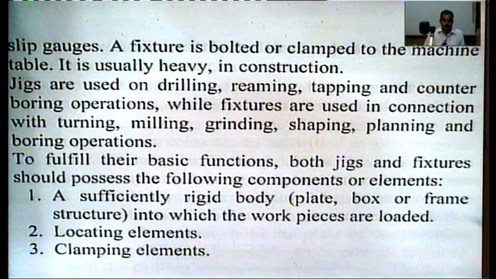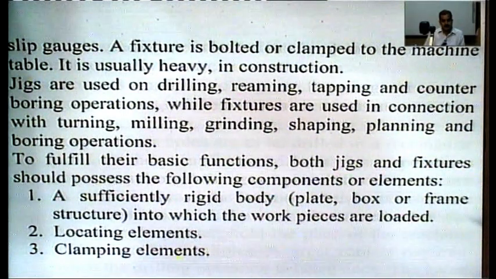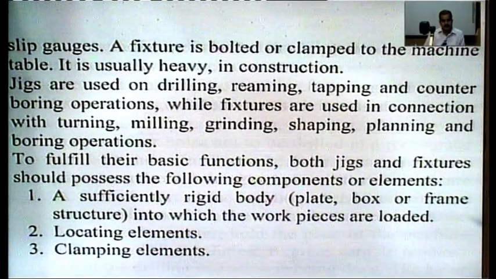A fixture is bolted or clamped to the machine table. It is usually heavy in construction. Jigs are used on drilling, reaming, tapping, counterboring operations, while fixtures are used in connection with turning, milling, grinding, shaping, planing, and boring operations.